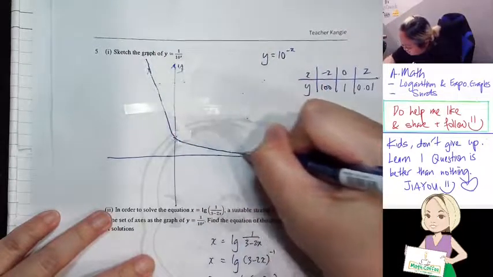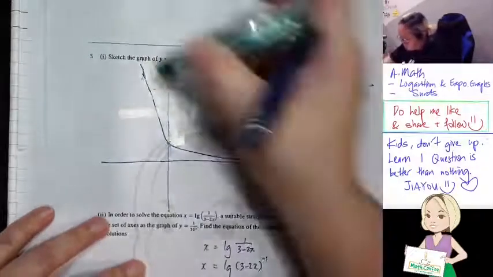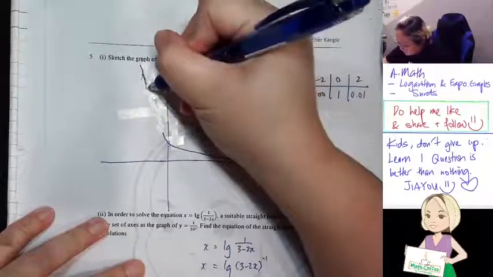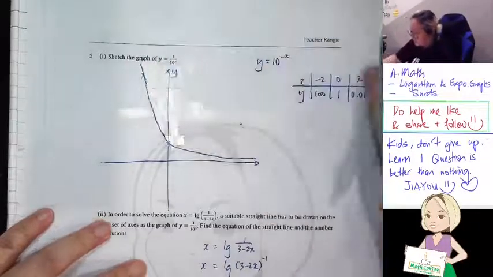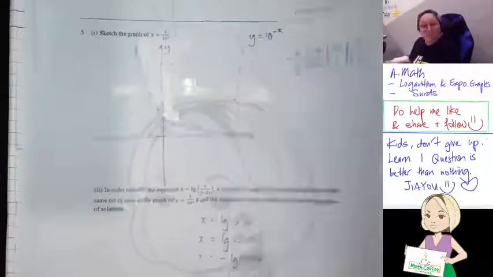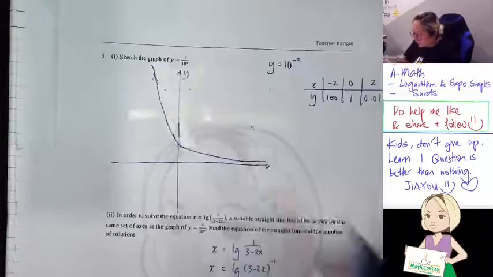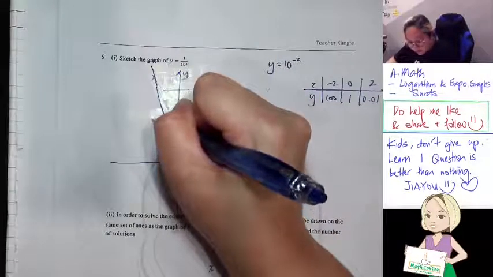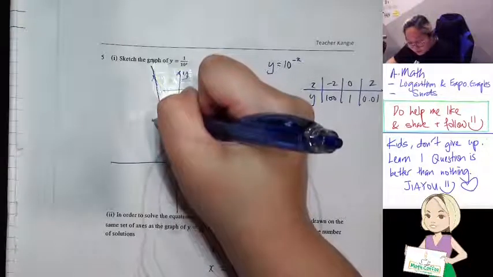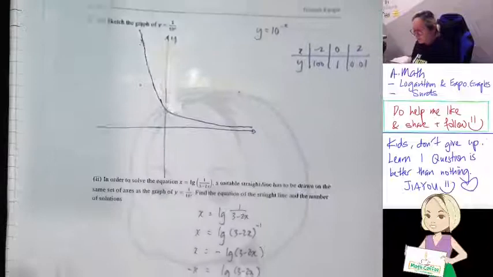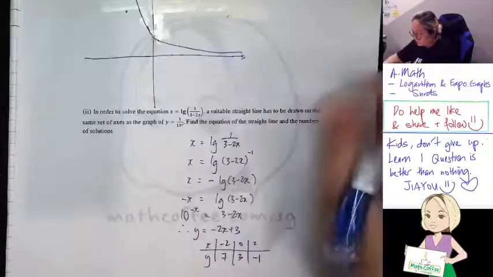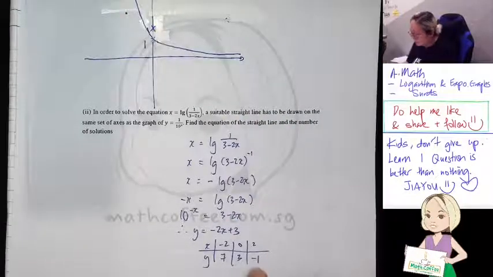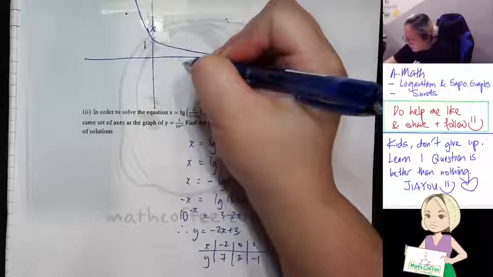Then after that, go down. This is not very curvy. I shouldn't use pen, but I have no choice because I need to show you clearer. Just now we have minus 2 and 7, so the 7 must be very low. Then you have 0 and 3, let's say, is here. And then 2 and negative 1, it will be very below.